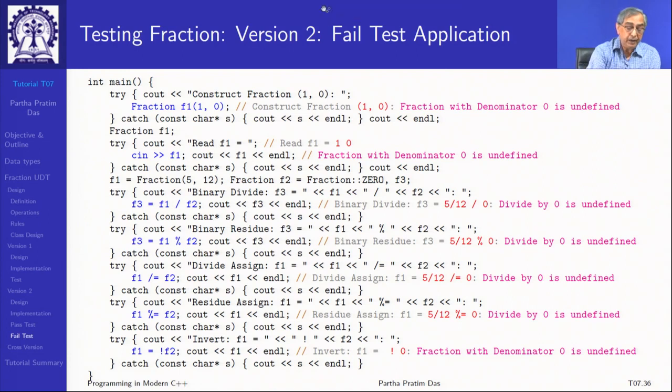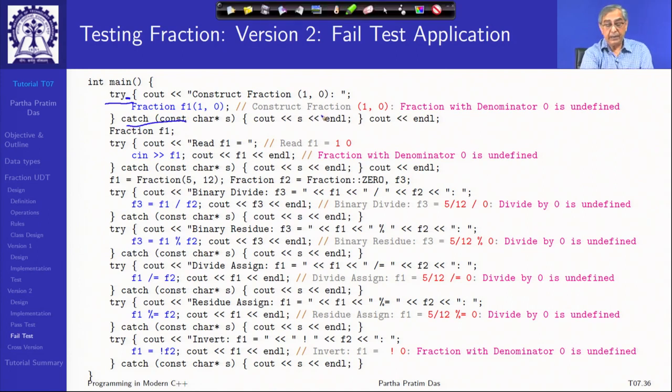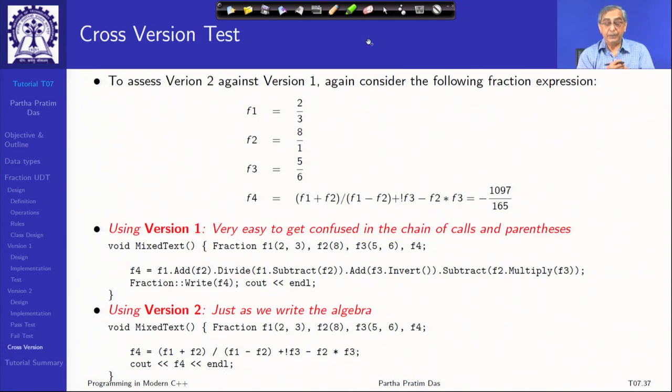To try them you have to use the try catch block and then see whether those messages are being caught. So, here are examples of constructing with a denominator 0, or trying to divide by the 0 fraction, or trying to take remainder with the 0 fraction and so on. And you will see that all of these will also pass because they are throwing the proper messages.